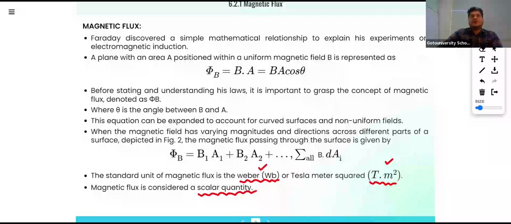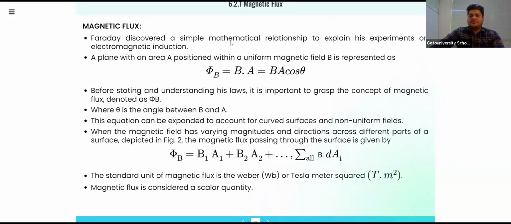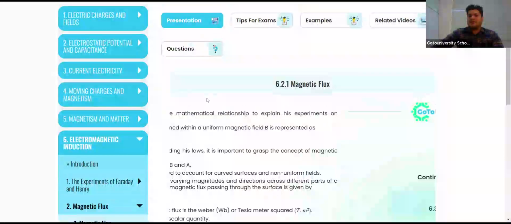If we have many surfaces, the flux will be the sum of B dA. The unit will be Weber or Tesla meter square. Is this a scalar quantity or a vector quantity? It is a scalar quantity.